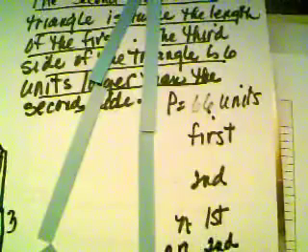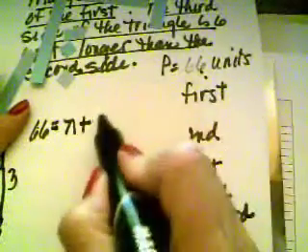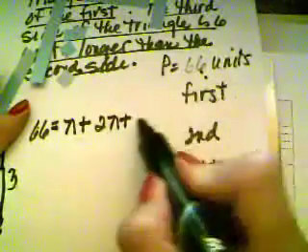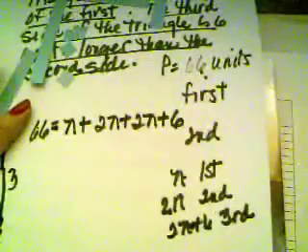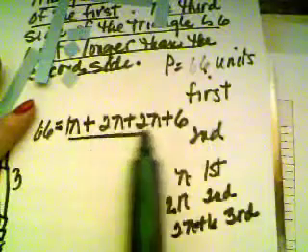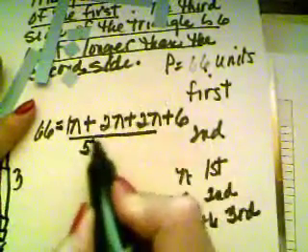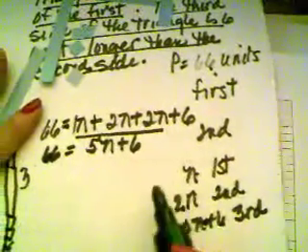These three sides would have to add up to be 66. So we could set up an equation that 66 is equal to n plus 2n plus 2n plus 6. Remember, this is 1, so that makes 5n plus 6 is 66.